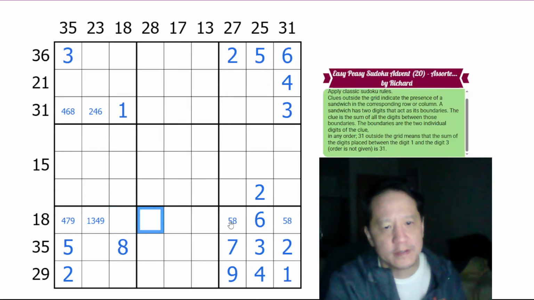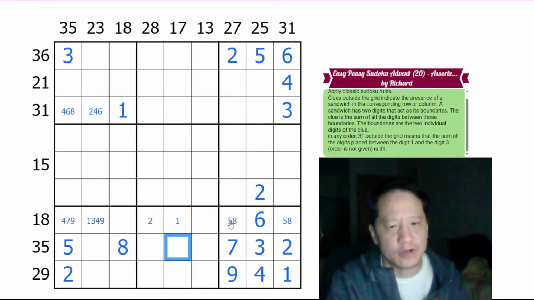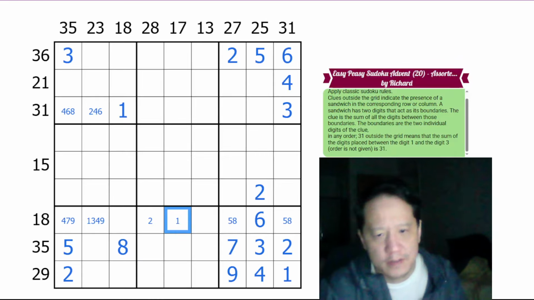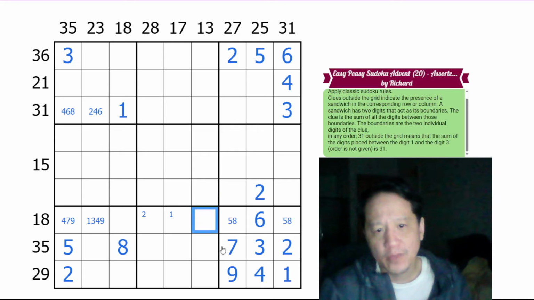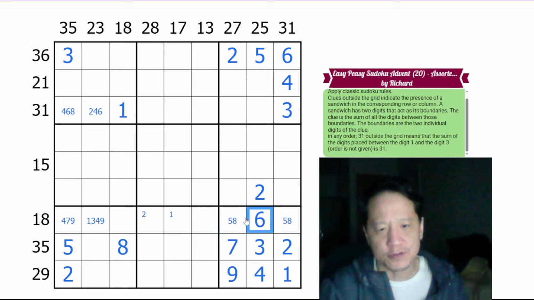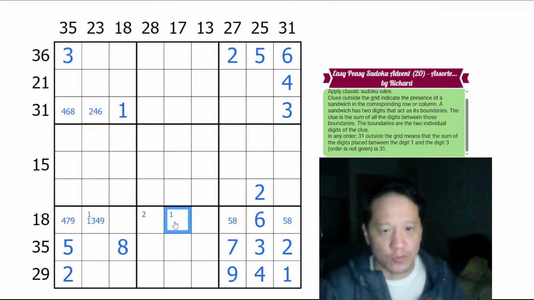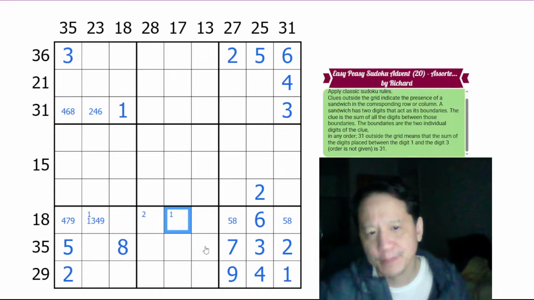And 2 here, and this is 1. So 2, then 1. What about 1 here? You cannot have 1 here, because if this is 1 and 8, there's nothing in between. If this is 1 and 8, there's only 11 in between. So those are the two possibilities in row 7 for the 1. It could be here or here.